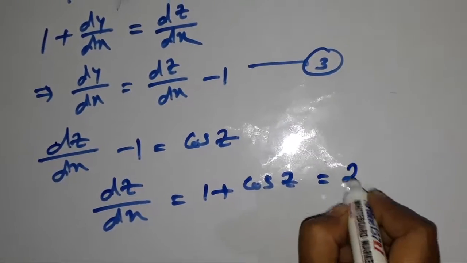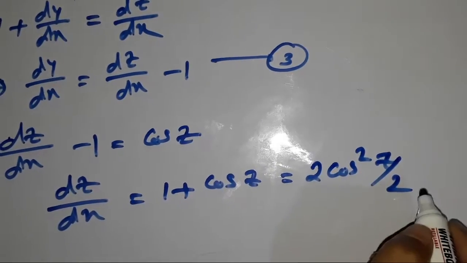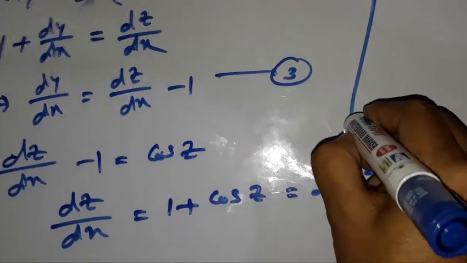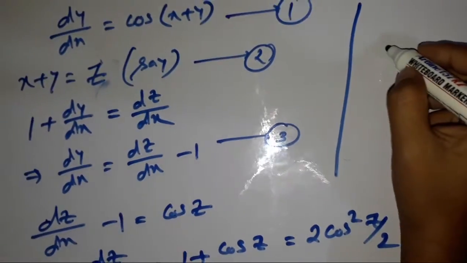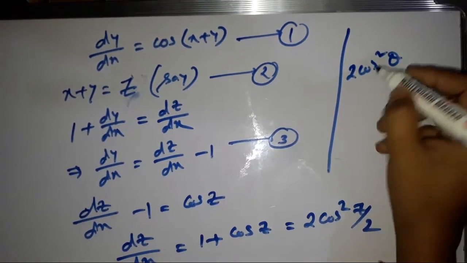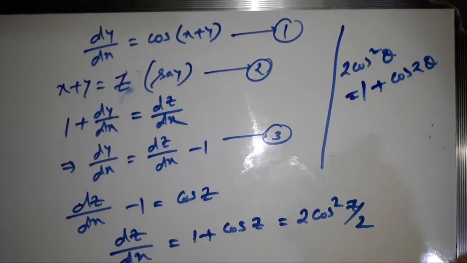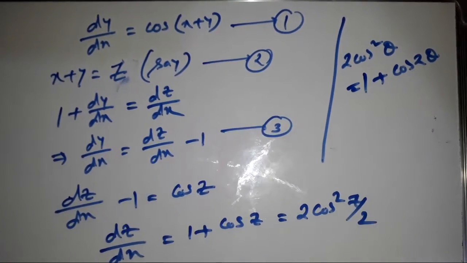It equals 2 cos²(z/2), as the formula is 2 cos²θ = 1 + cos 2θ. Clear?